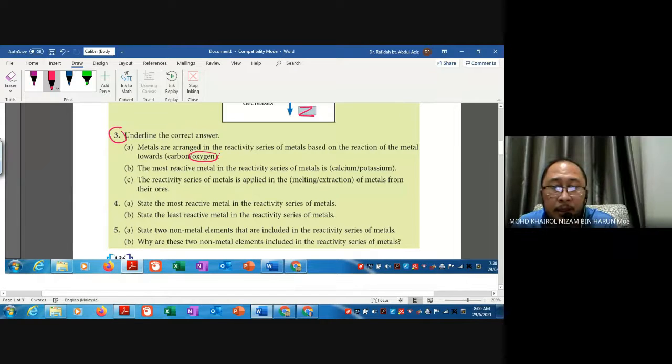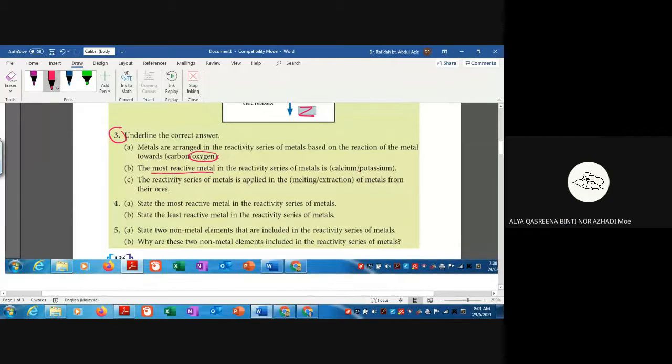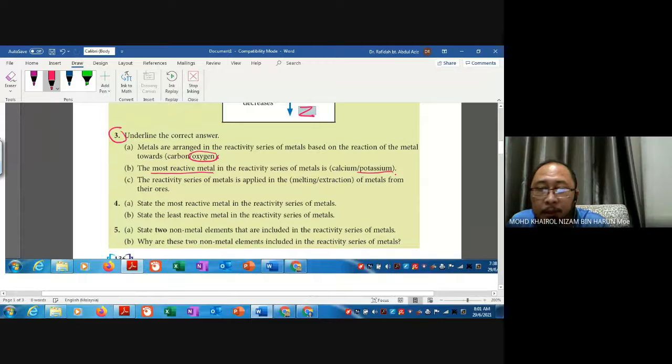That is the concept being used in constructing the reactivity series of metals. B, the most reactive metal in the reactivity series of metals is calcium or potassium? Potassium. Okay, very good.